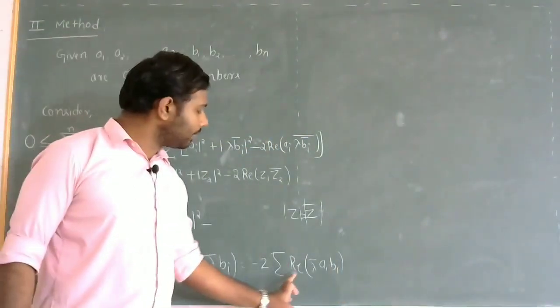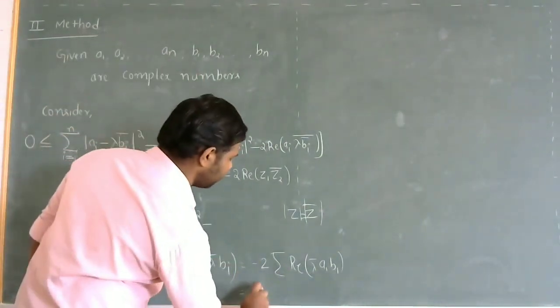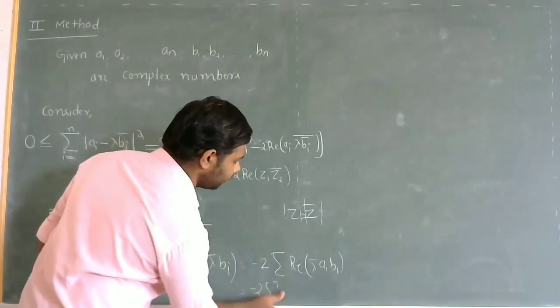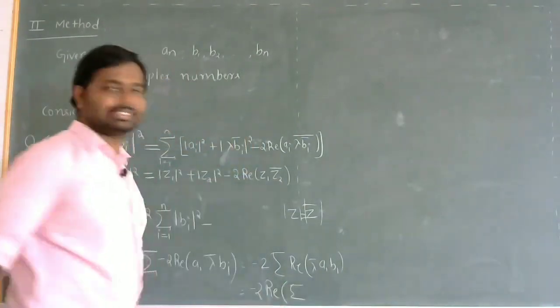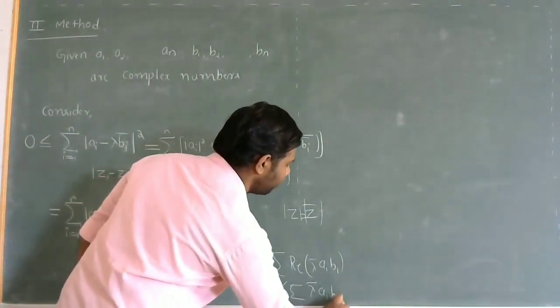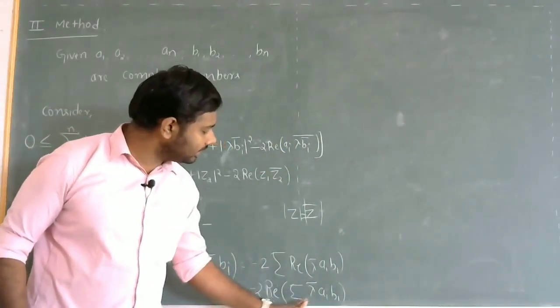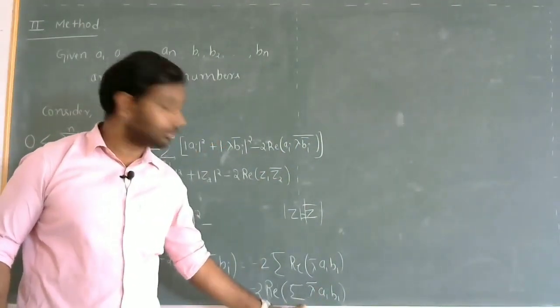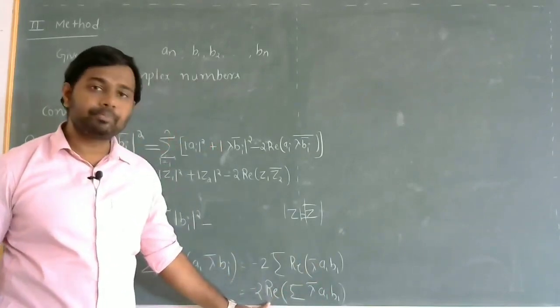And we know that the sum of the real parts is the real part of the sum. So minus 2 into real part of the sum lambda bar into ai bi. And further, as lambda bar is independent of the index i of the summation, we can take it outside the summation, but not outside the real part.